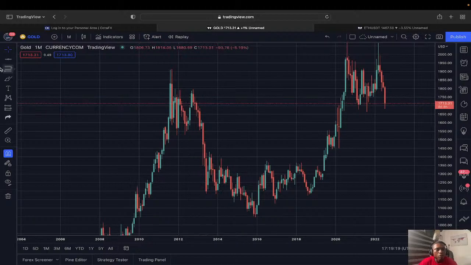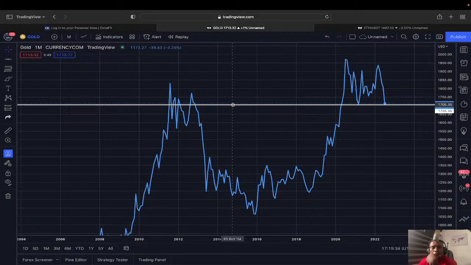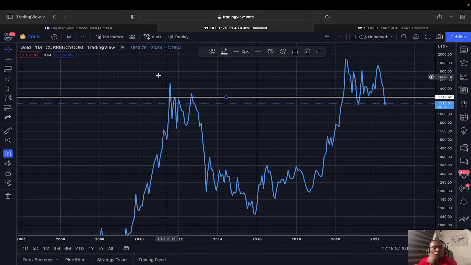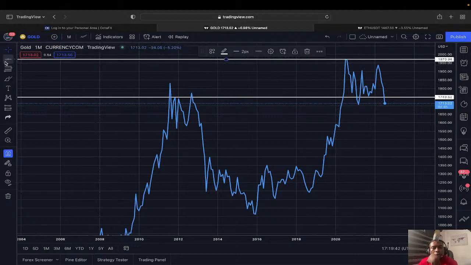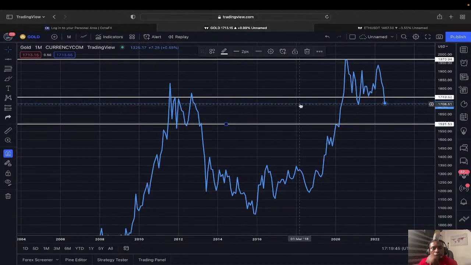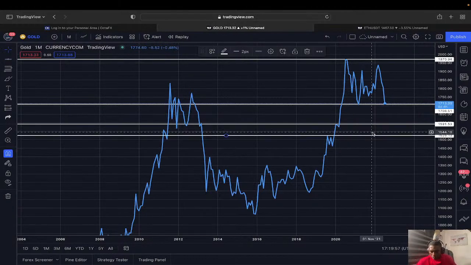So let's identify this line chart. Yes, top to bottom approach.